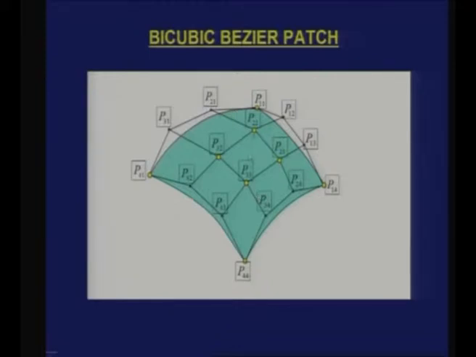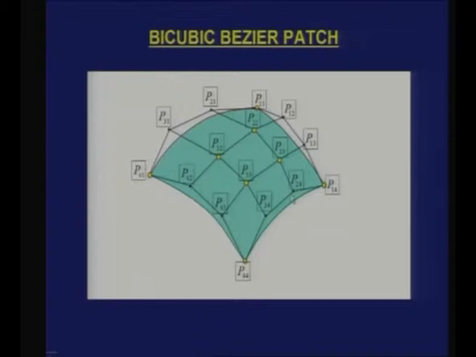By moving any control point, I can always change the shape of this surface, and it does not interpolate the other points which are given. So, this is a typical bicubic Bezier patch.